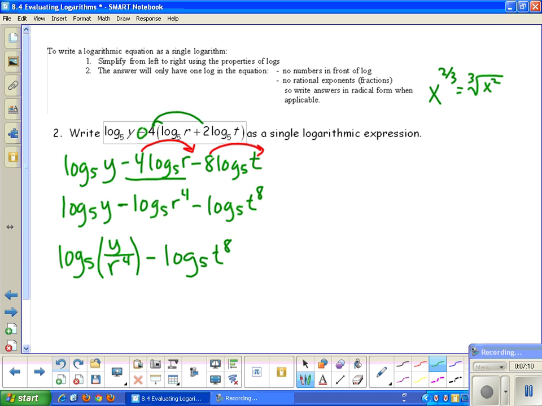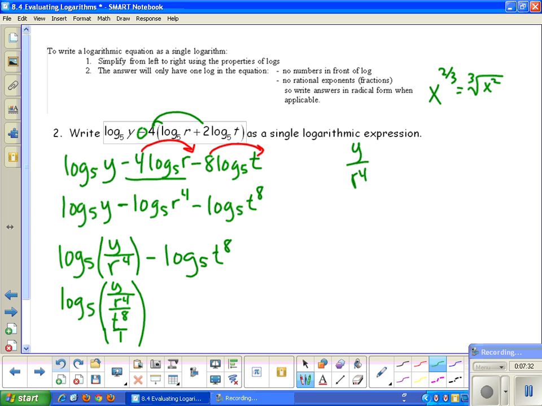And then again, I'm subtracting, so it means I'm going to divide again. So now I have the log base 5 of y divided by r to the 4th, all divided by t to the 8th, which is over 1. So remember, when you're dividing two fractions, just to do this off to the side, we have y over r to the 4th.